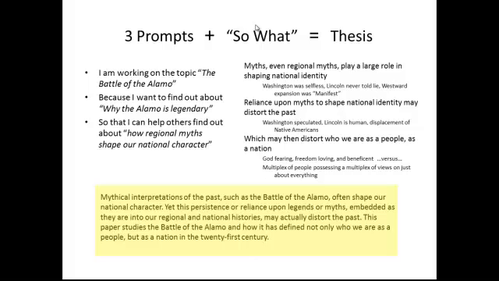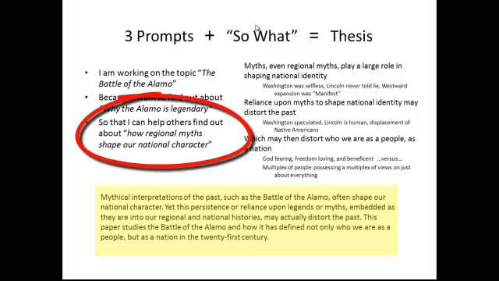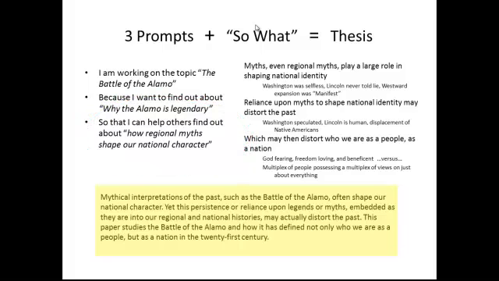Mythical interpretations of the past, such as the Battle of the Alamo, often shape our national character. Now that first sentence actually comes from the 3rd prompt, the answer to the second why. I point that out because the second sentence is going to go to the so what. Yet, this persistence or reliance upon legends or myths, embedded as they are into our regional and national histories, may actually distort the past.